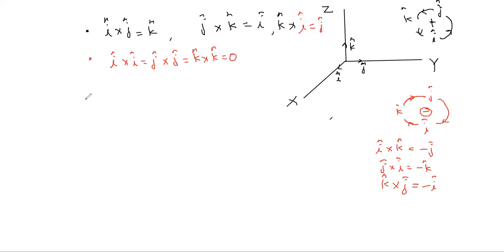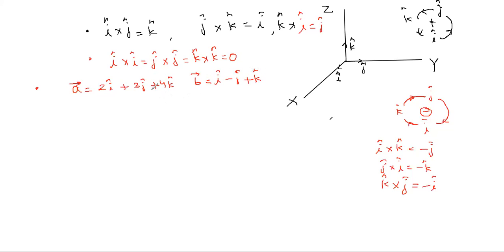Suppose you are given two vectors resolved into components: vector A is 2i plus 3j plus 4k, and vector B is i minus j plus k. How will you find the cross product?